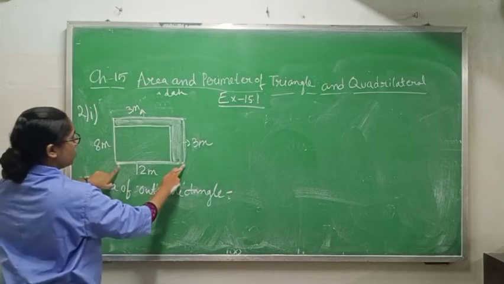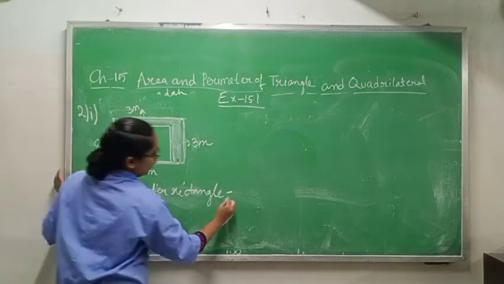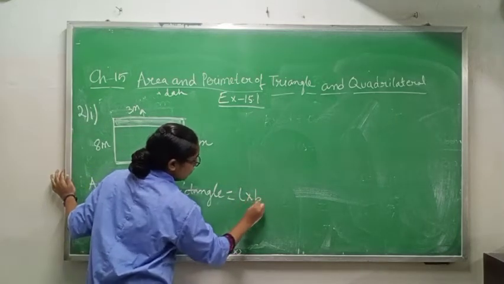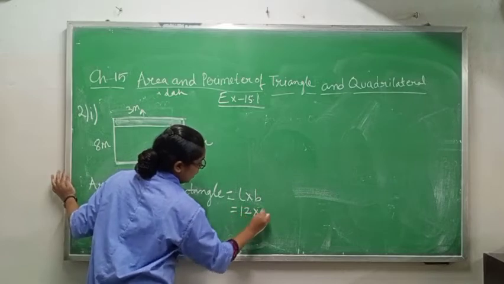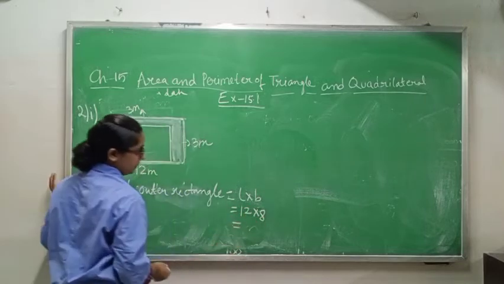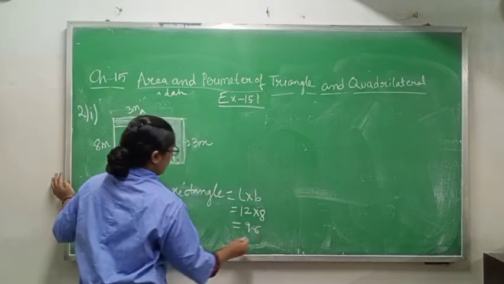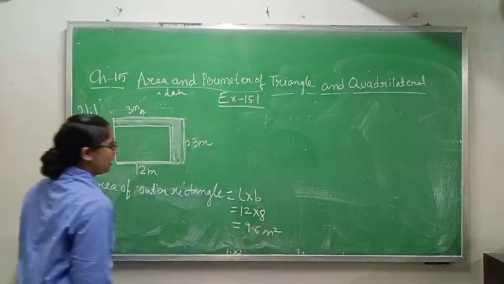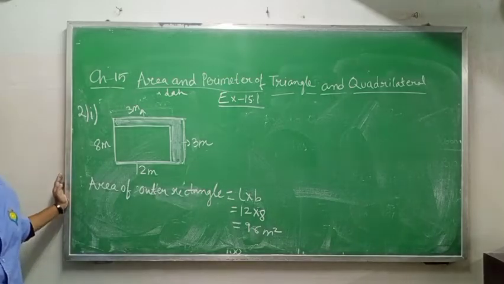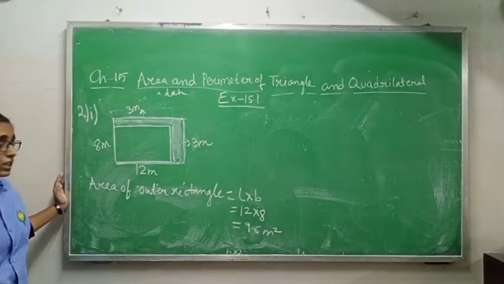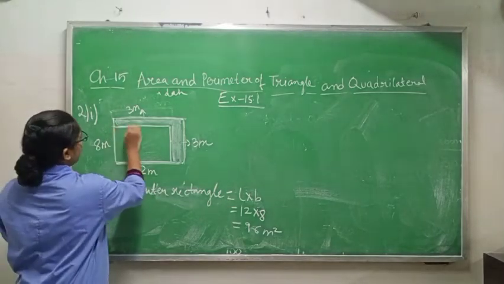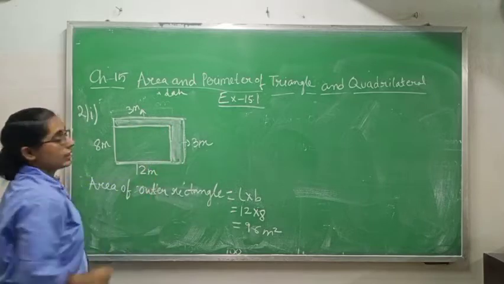So if length is 12 and breadth is 8, what will be your formula? L into B means 12 into 8, how much will you get? 96 meter square. So area of outer rectangle, you are getting how much? 96 meter square. Now find area of inner rectangle.